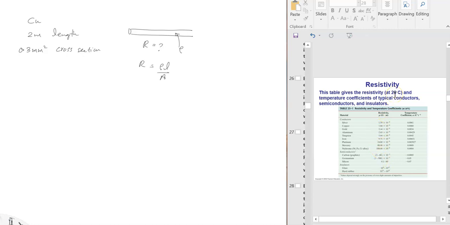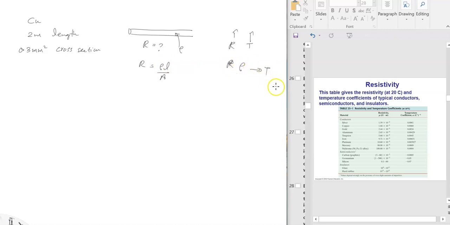So resistivity changes with temperature. Earlier we said resistance changes with temperature, right? We talked about this last time. Resistance goes up when temperature goes up for most materials. It's directly proportional. Why is it happening? A major reason is resistivity.